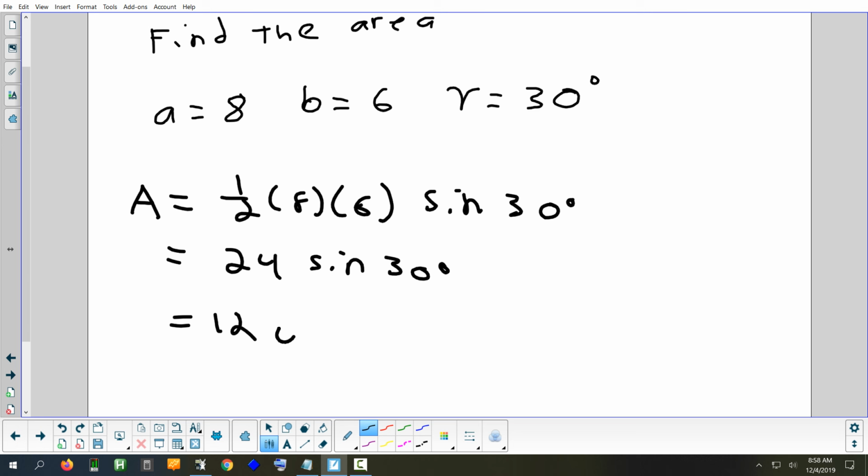That's area. So you're just going to put 12 square units. If it was inches, I would have put inches, but I don't know what it is. Okay, I'll give a label on the next one. Okay. Any questions on that? Like I said, most of these are going to come out to decimals, though.